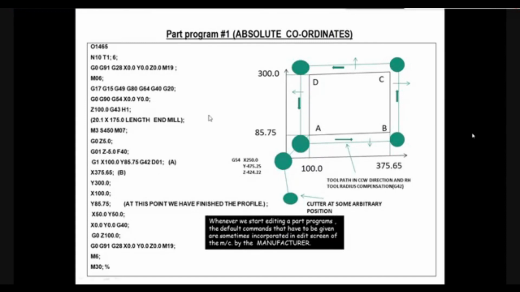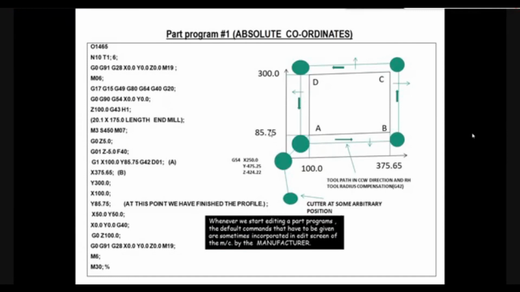So the cutter comes to position A. If you do not activate the cutter compensation, tool radius compensation, the center of the tool will be coming on the corner A here. As we have already activated right hand side compensation here, the cutter will stop at a position away from line AB by the value equal to radius of the cutter.